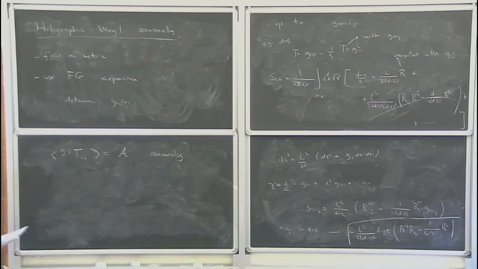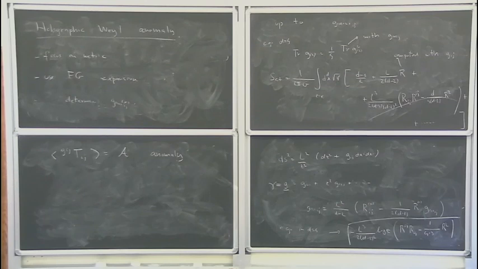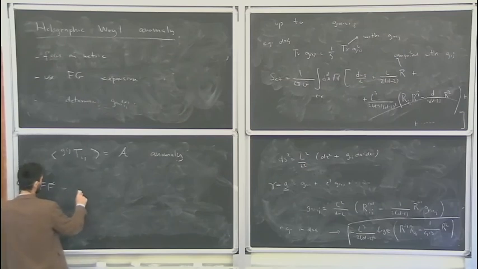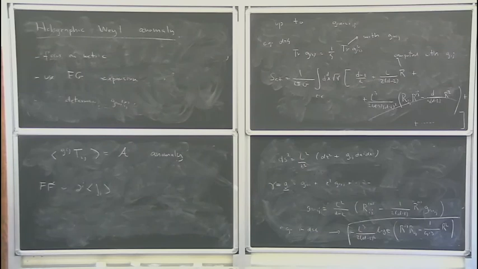And what is this expression? Then, well, it depends on the way in which you view the anomaly. For example, if you view the anomaly as arising in some background field, you probably have seen the background gauge field discussion where you had the F tilde term that appears in the non-conservation of the chiral current.